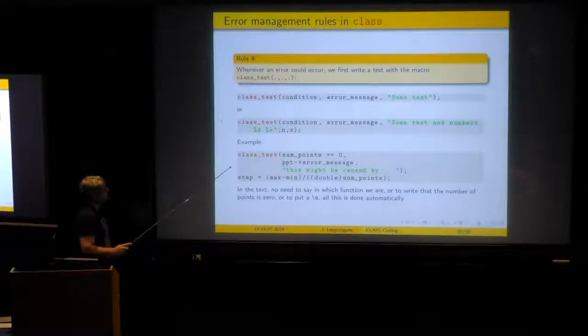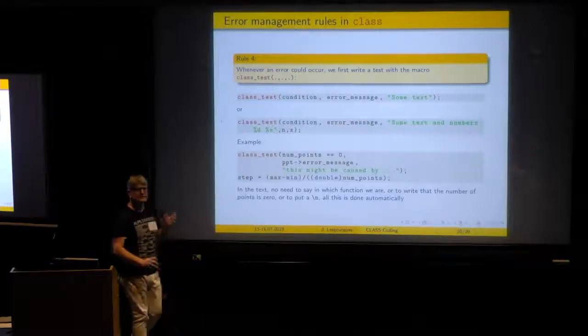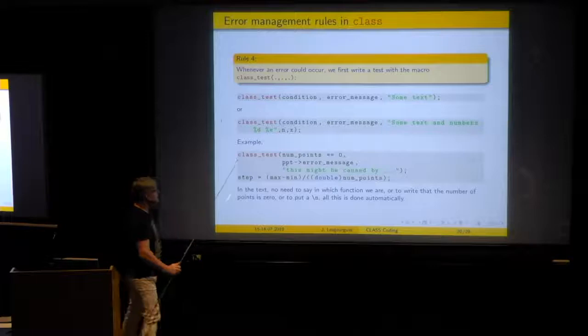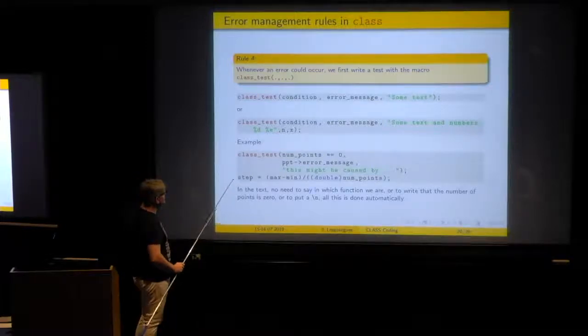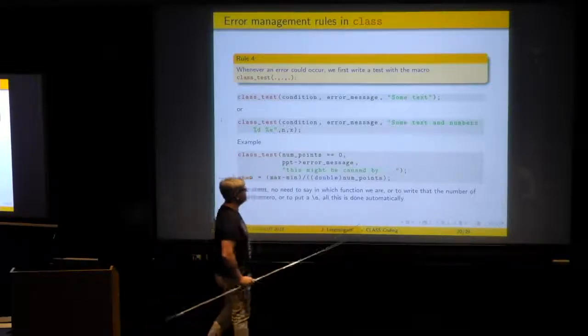So example, class test, num points. You should put a class test before any potential error. In this example, I picked up a line in the code. I think you can find it somewhere. And it says step equal max minus min divided by num points.